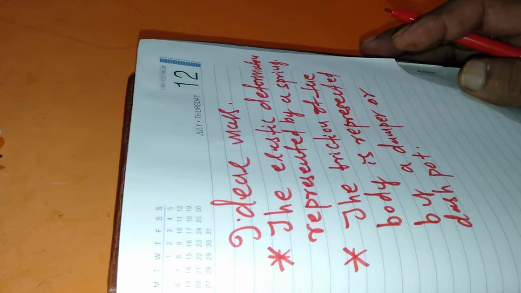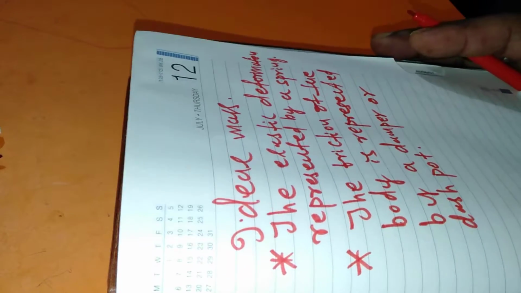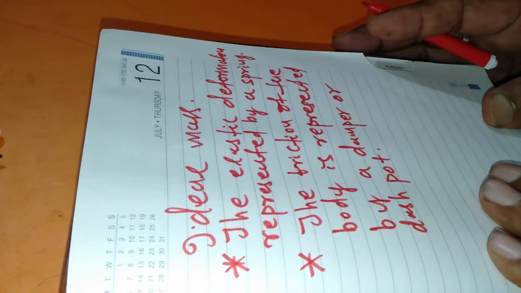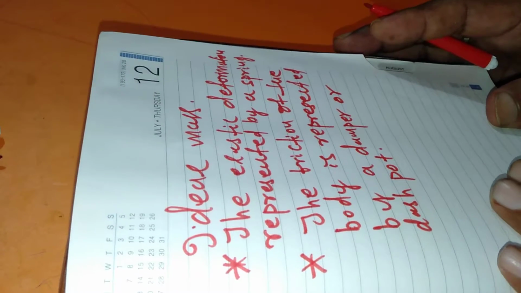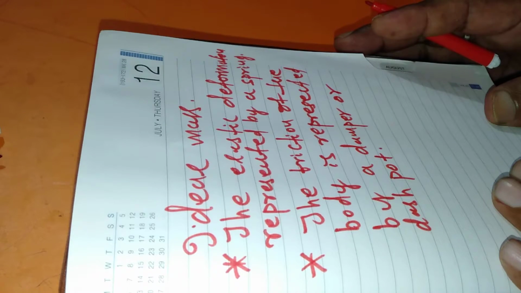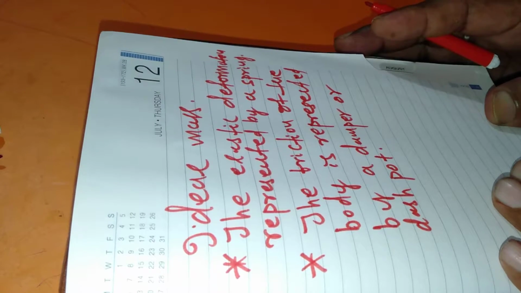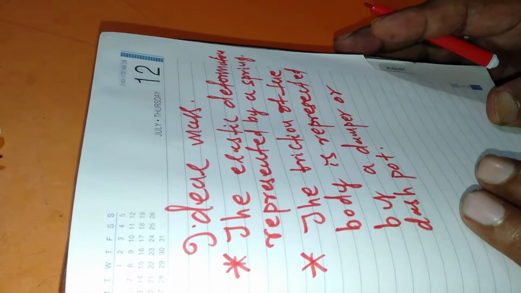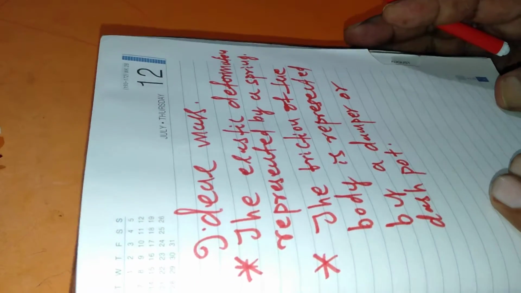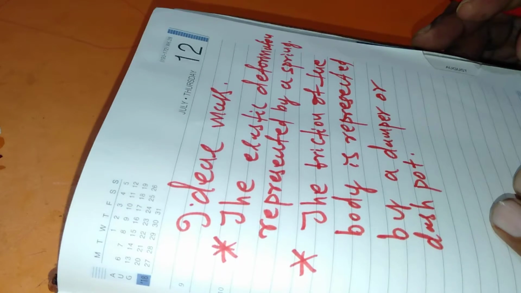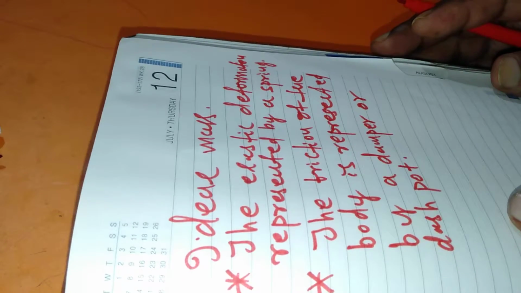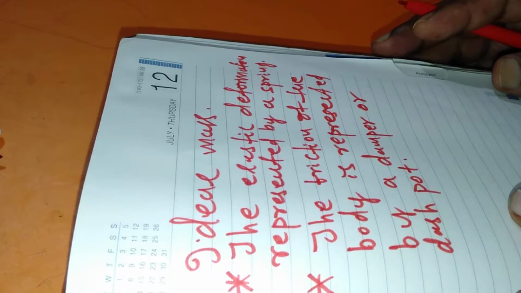So already we know about the damper or dashpot. Means inside a cylinder a piston is there which can move freely in any type of medium, that is either gaseous medium or liquid medium. So that is called damper or dashpot.